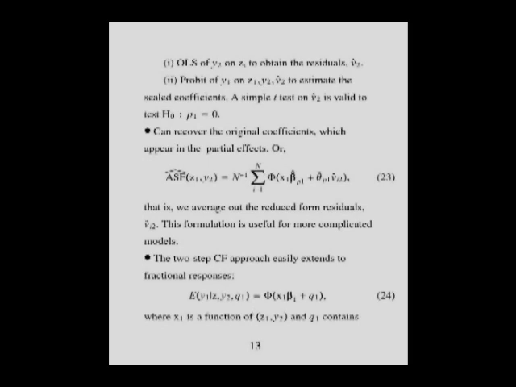And in fact, the test is valid quite generally. You don't need to assume, because under the null y2 is exogenous, it doesn't really matter whether it has a normal distribution or anything like that. This is just a simple specification test.